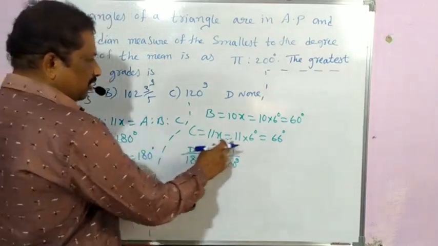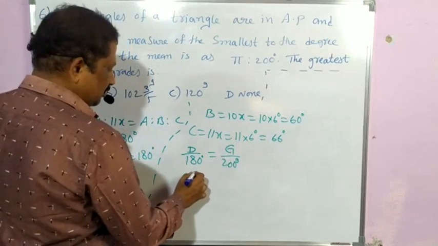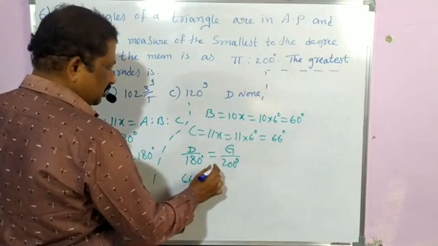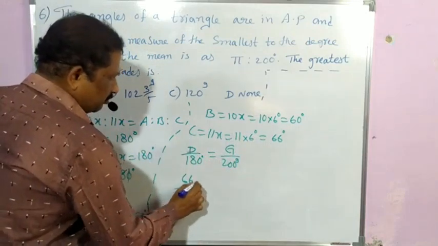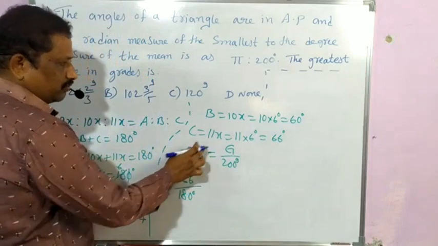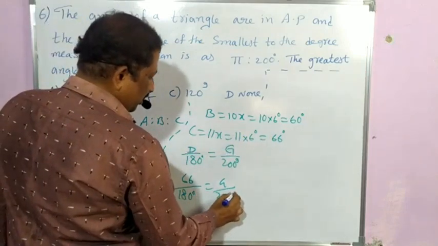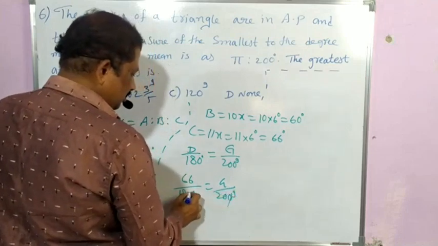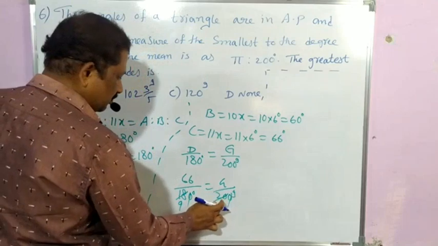Here in the place of D we have to write 66, because it is in degrees now. So 66 by 180 is equal to G by 200. 2 tens are 20, 2 nines are 18.